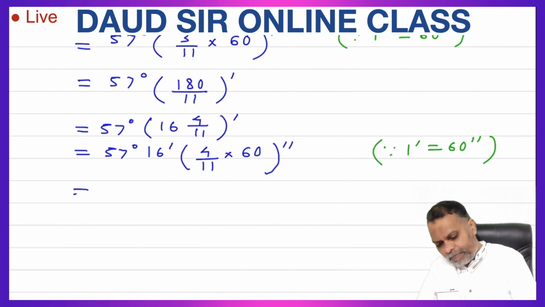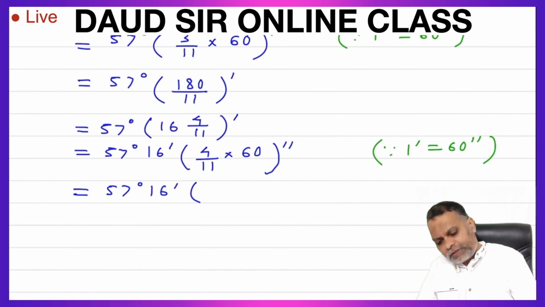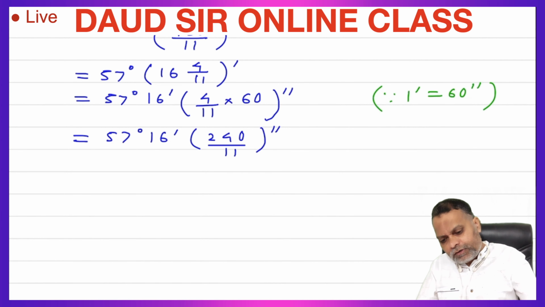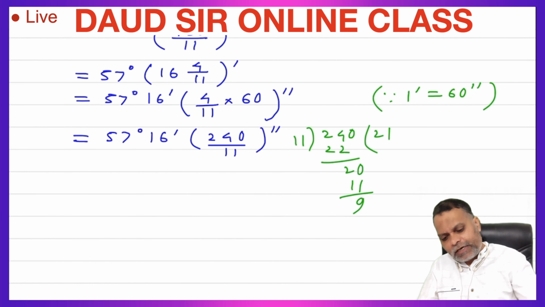Simplify this: 57 degree, 16 minute, and this is 4 6 24, 240 upon 11 seconds. Divide this 240 by 11. 11 2s are 22, 2 2 2, 11 1s are 11, and this is 9.